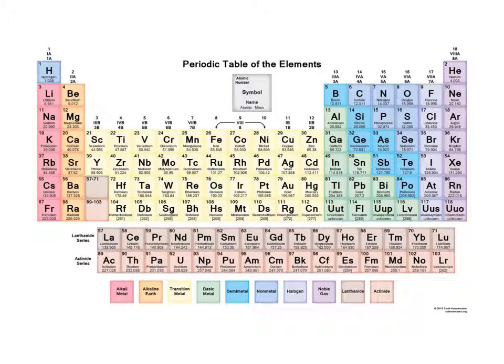So when we look at the periodic table, all elements can be classified in one of three ways. We have metals, nonmetals, and metalloids. The majority of elements are metals, and here they are.